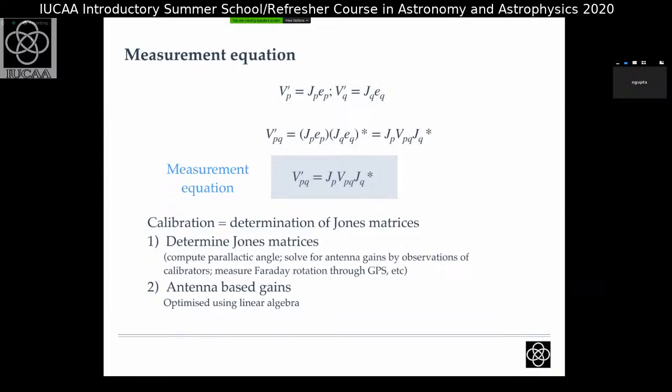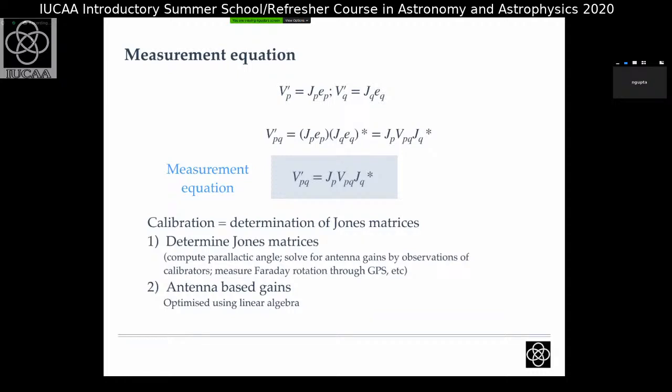So calibration is nothing but determination of Jones matrices in this case. And determination of Jones matrix is different for different matrices. In some cases, I have to just compute parallactic angle, so I just need to know some geometry. In some cases, I need to solve for antenna gains, and this is done by observations of calibrators. By calibrators, I mean that we observe sources with some known properties.